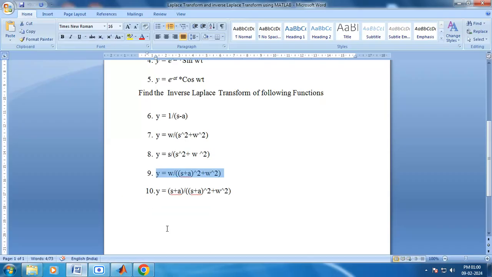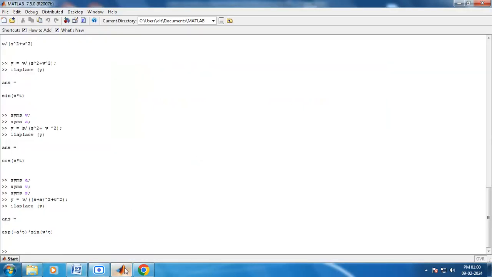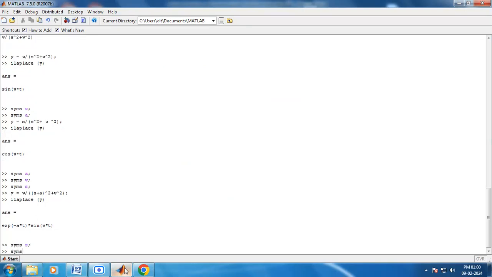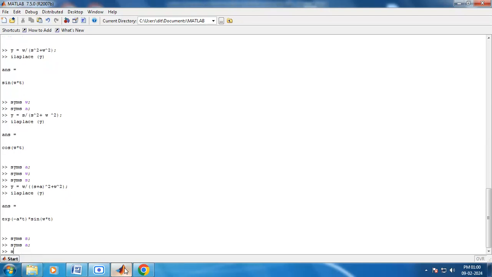Now we are moving to the last example. Our last example is y equal to s plus a divided by s plus a whole square plus omega square. Here the variables are s, a and omega, so define the variables s, a and omega.